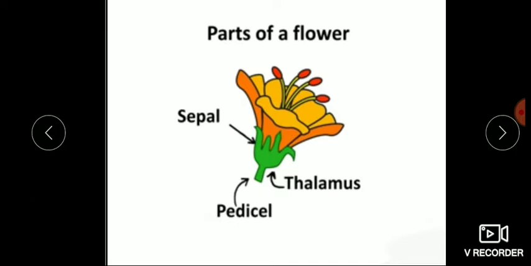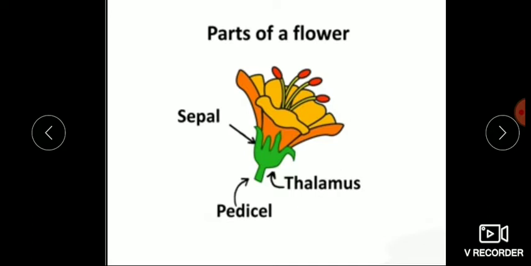Okay, and you know the uppermost part of the pedicel is wider and it is called the thalamus. Okay, uppermost part of the pedicel is wider. It's called the thalamus, and the pedicel is the small stalk.